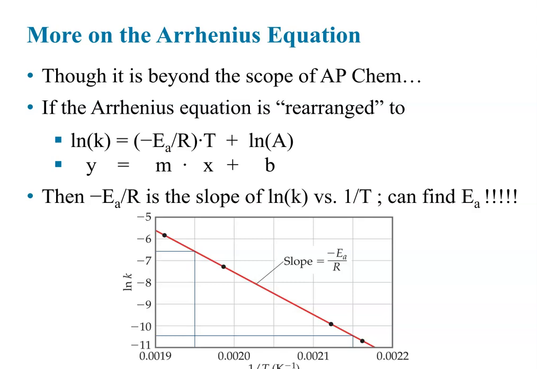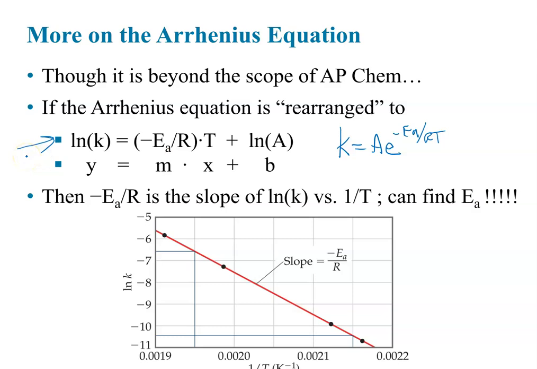Now, lastly, this is one little extra fun fact about the Arrhenius equation. It's beyond the scope of AP Chem, but if you rearrange the Arrhenius equation, where you take the logarithm of both sides, you find this equation. So if you take K equals A times e to the negative EA over RT, and you take the natural log of both sides, this equation results.